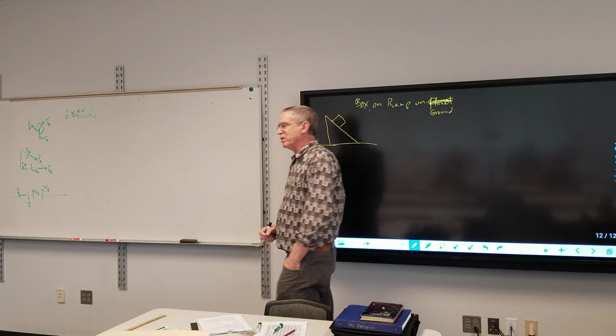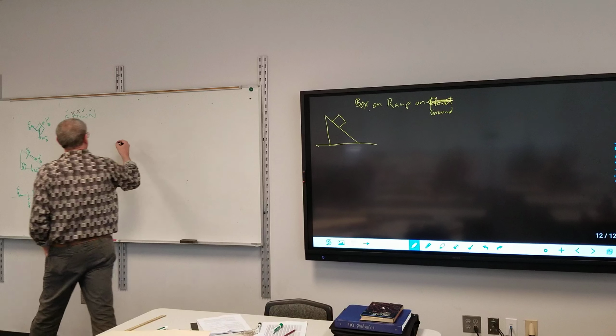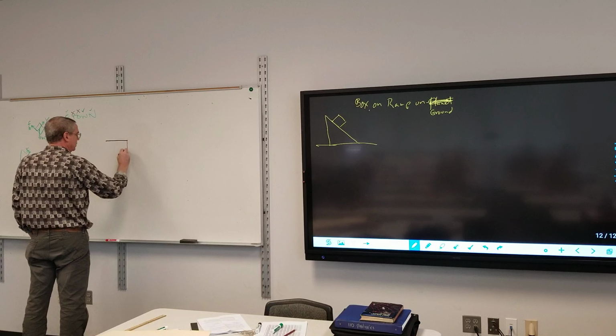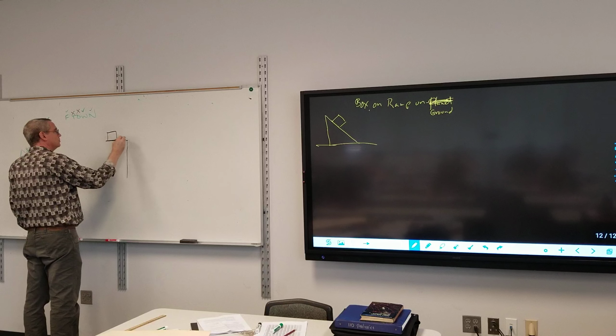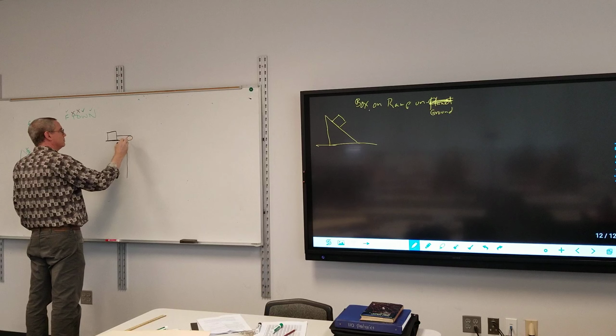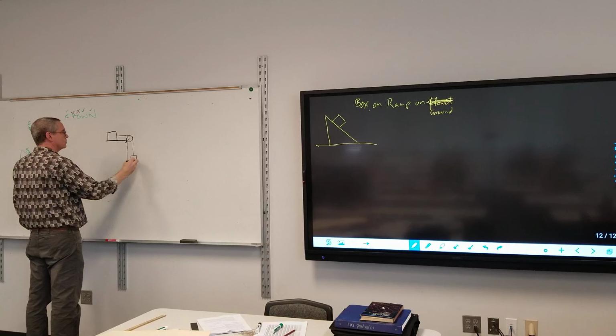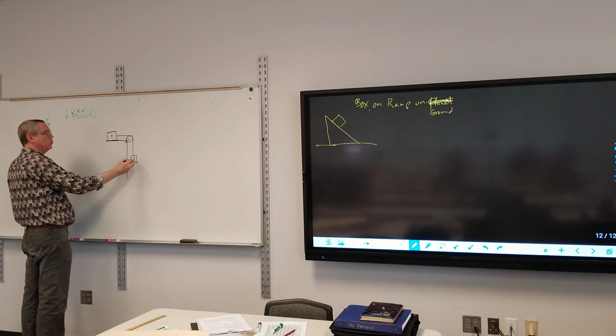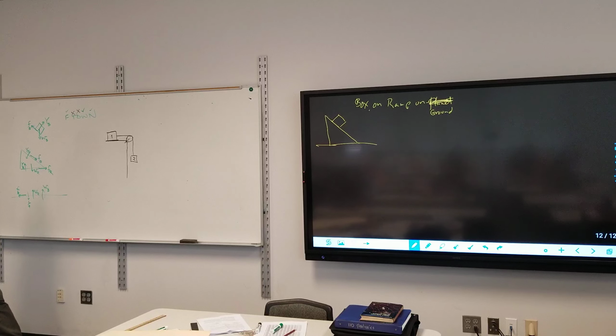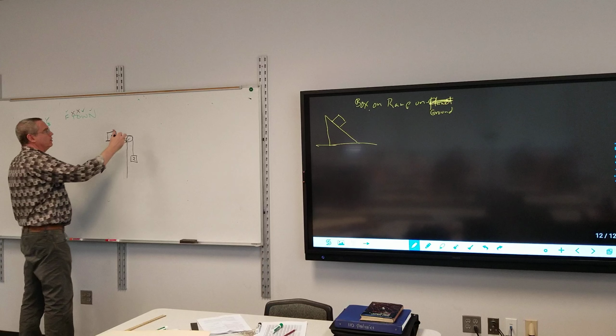So tension, let's bring some tension into it. So we'll start out with a simple two-box dangly. I'll probably call this mass 1 and mass 2.